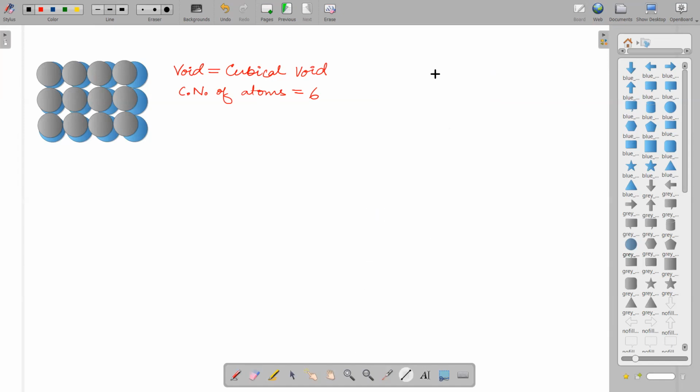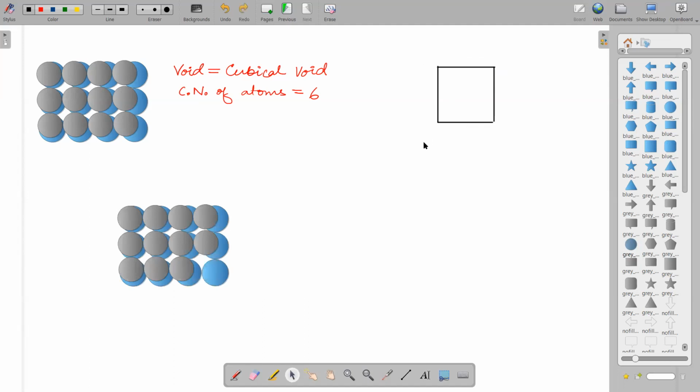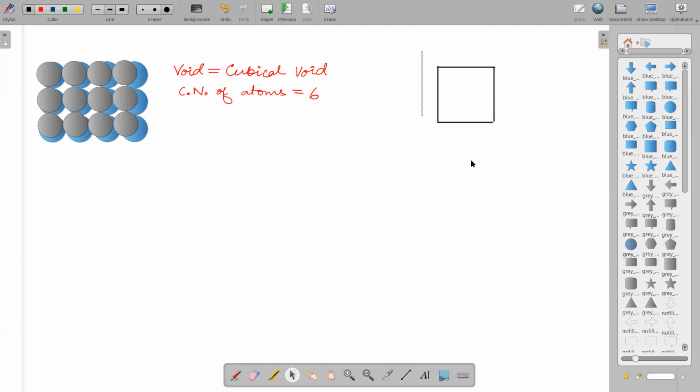Let me draw this in this way. Please bear with me. I can draw the atoms later on. And now this will be difficult.